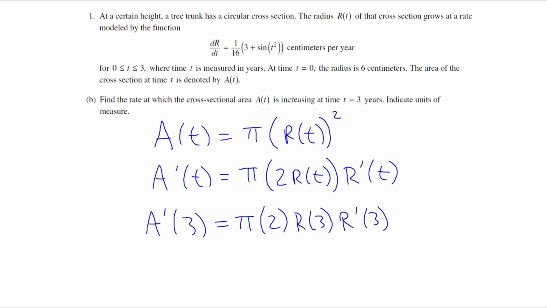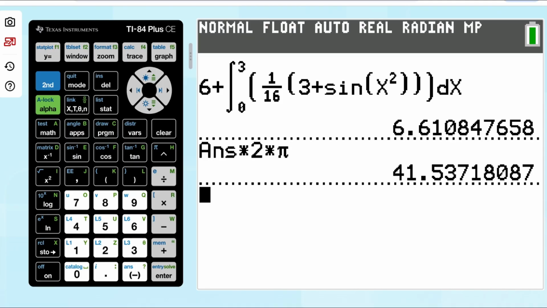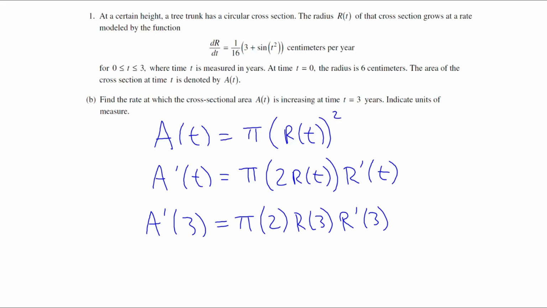So we can use our calculator to do this. So part of what we're multiplying is the 6.610 number. So we'll just say that times 2 times pi. So that takes care of the pi, the 2, and the r of 3.